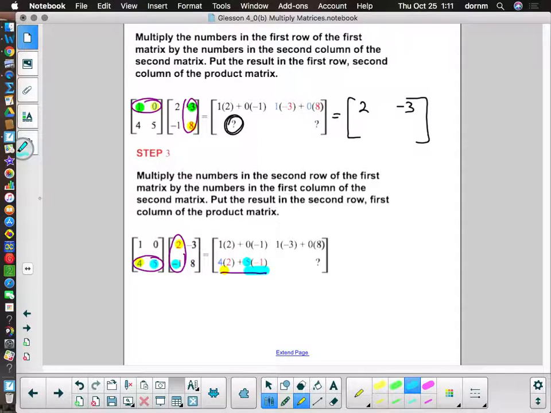Now this time we didn't have a 0 in there, so we're actually going to have some numbers to fill in. As we're building our result matrix, which is going to be 2 by 2, we already have the 2, we already have the -3. Now 4 times 2 is 8, plus 5 times -1 is -5. 8 minus 5 gives me a 3.